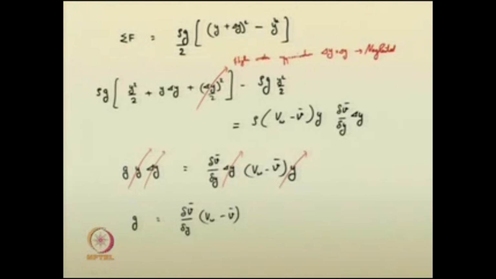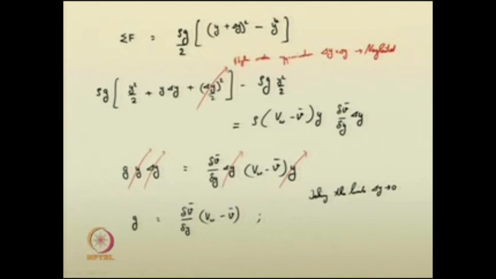So, again rearrange the thing, taking the limits del y tends to 0. If you take the limits, del v bar by del y will become dv bar by dy.